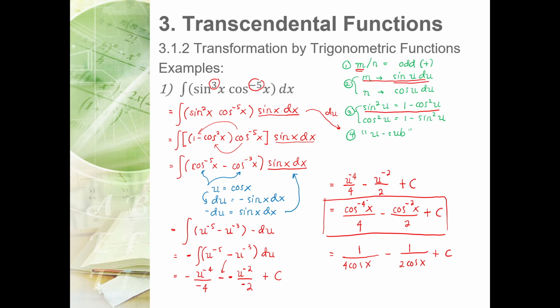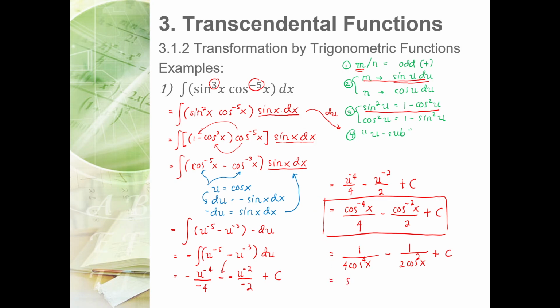Or if you don't want any fraction, 1 over cosine is secant.